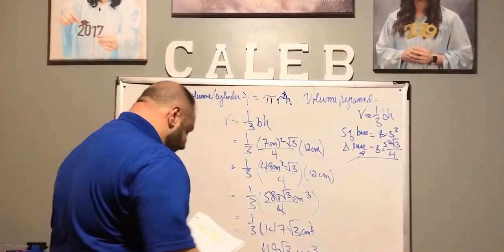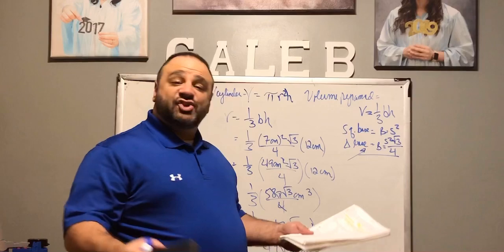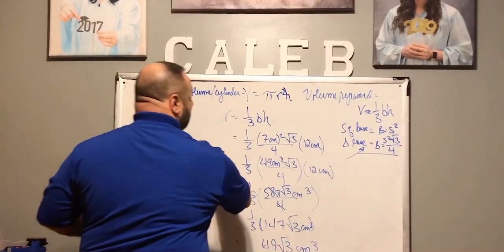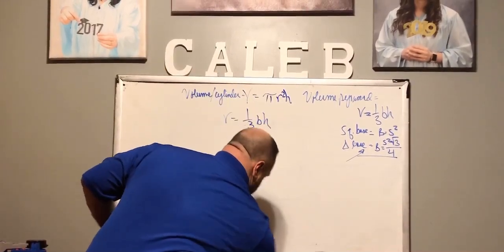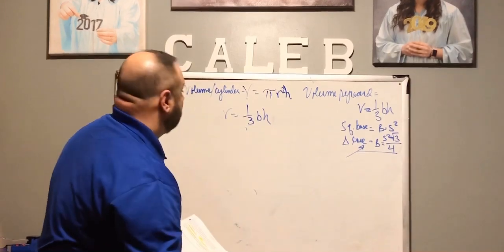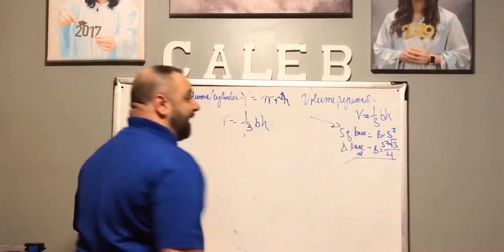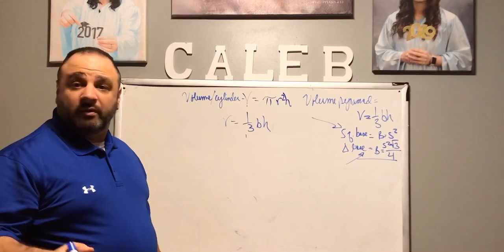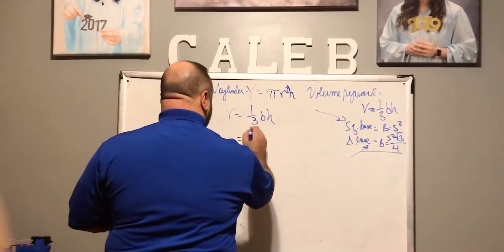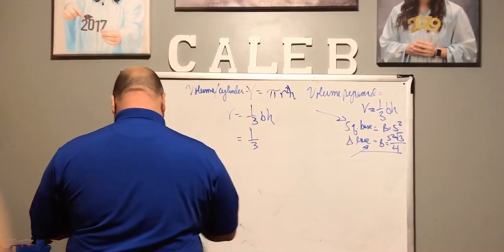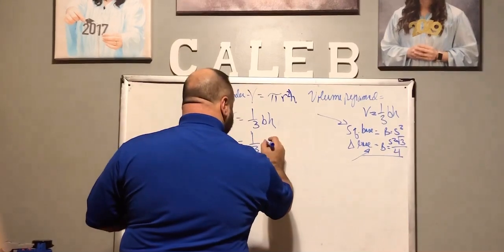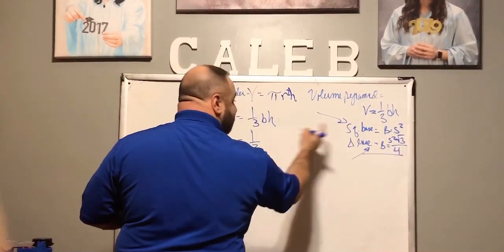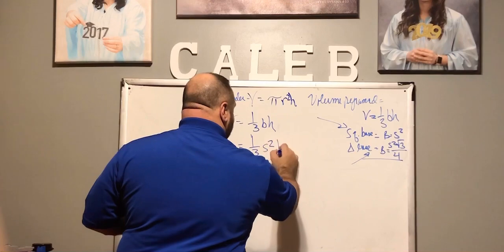Let's see for number 5. Notice for number 5 we have a square base, so we're going to change this. Since we have a square base, we're just going to go s squared. So volume equals 1/3 times the base, which is s squared, times the height.